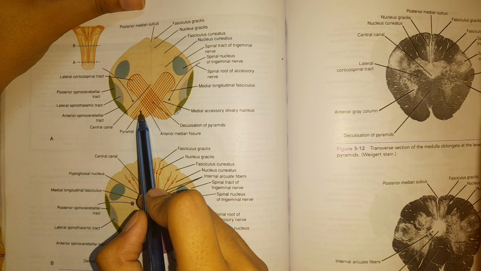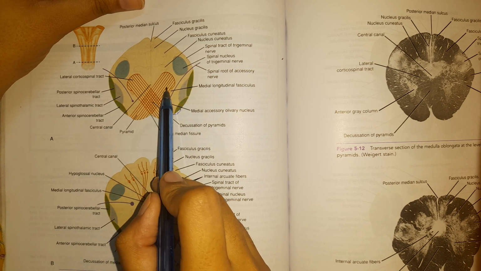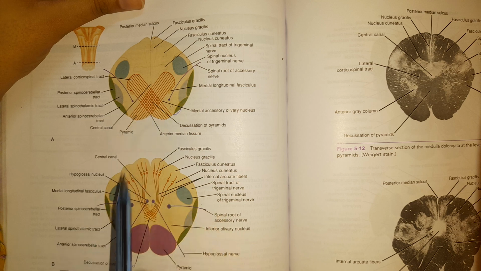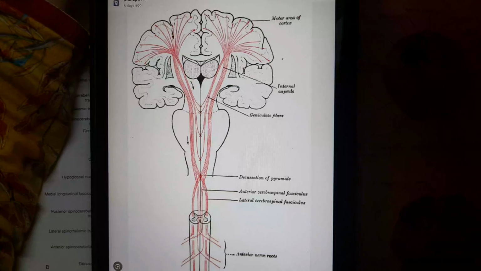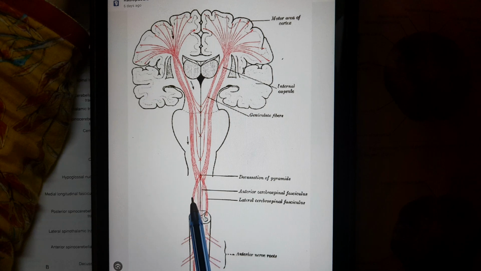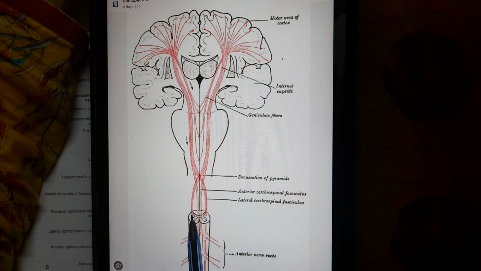This is the decussation of the corticospinal tract, and then when these corticospinal tracts go downward, they become lateral corticospinal tracts. So these crossing fibers are going downward into the lateral portion of the spinal cord, forming the lateral corticospinal tracts.